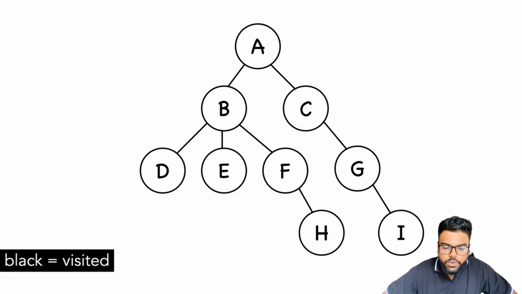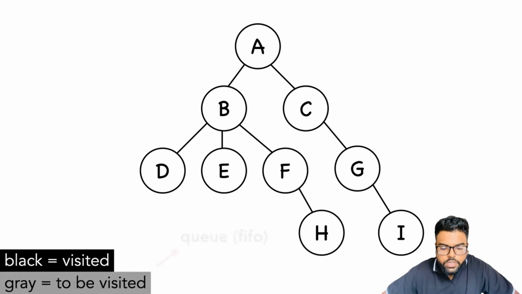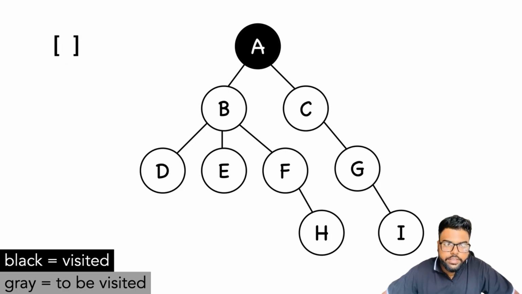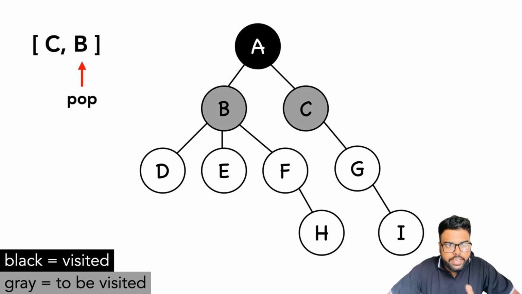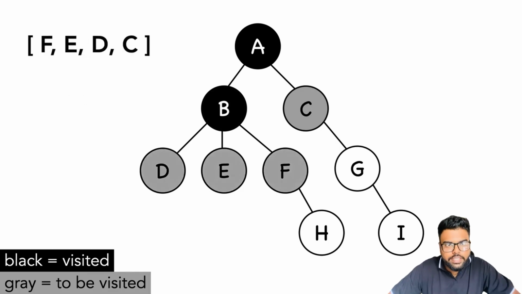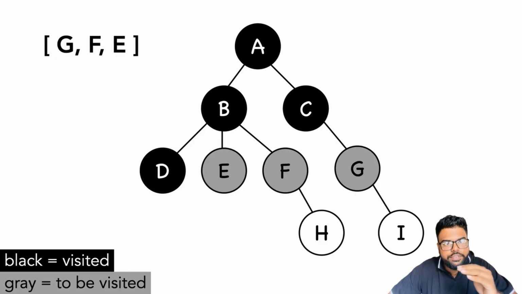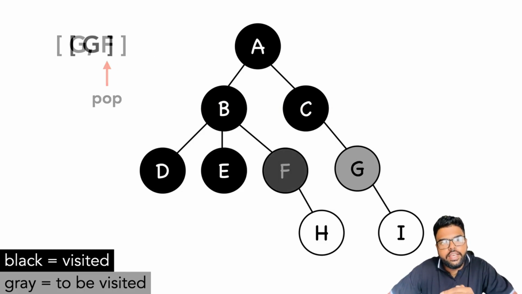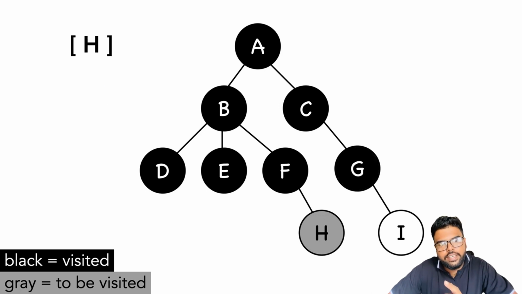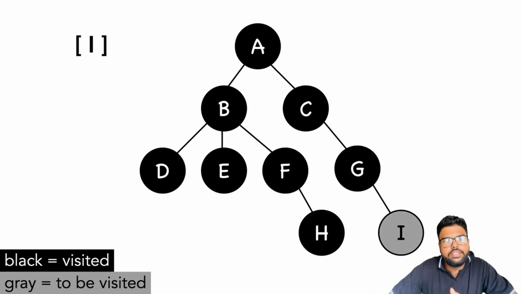First, nodes we have visited, colored black. Second, nodes that are in the queue, in line to be visited, colored gray. In that example you can also see the level by level traversal: first level, then second level, then third level. This is Breadth-First traversal.